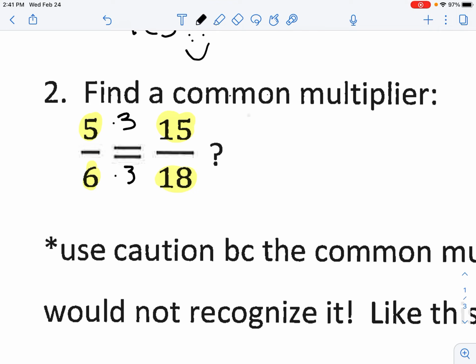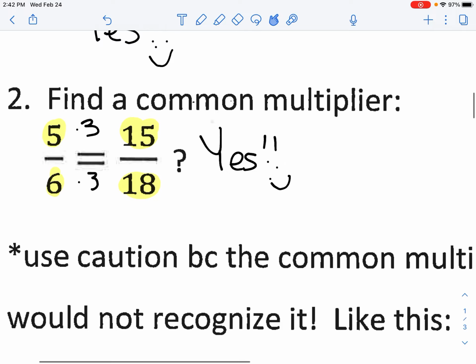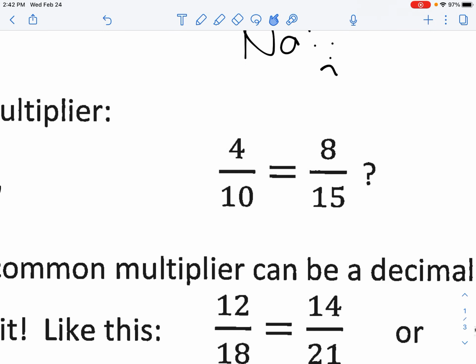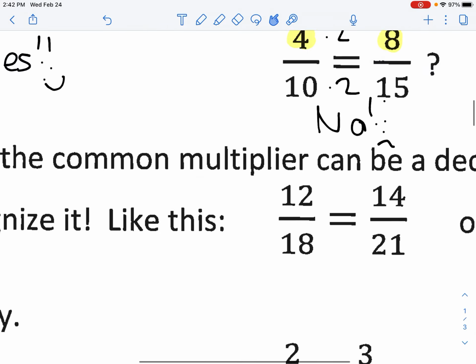So if you can use a common multiplier, your answer would be yes. What about over here? So let's focus on 4 and 8. How do we get from 4 to 8? We do times 2. Is 10 times 2 15? No. Not proportional.